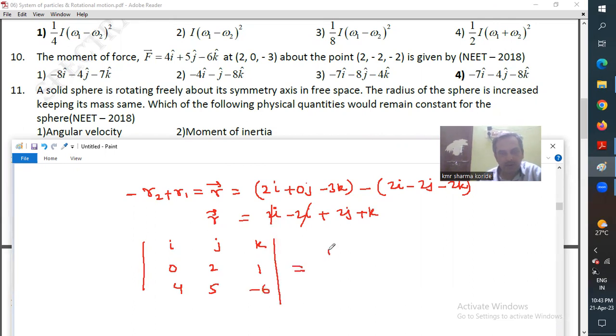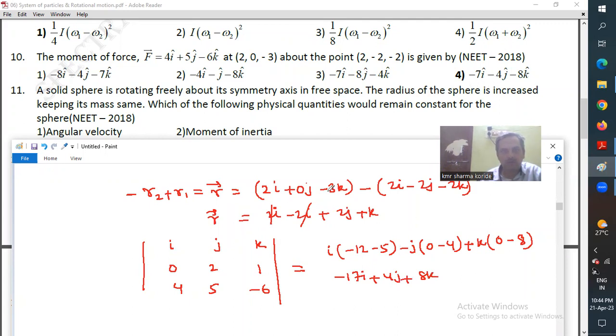So this is going to be i of minus 12 minus 5, minus j of 0 but minus 4, plus k of 0 but minus 8. So this is minus 17 i cap, plus 4j cap, plus 8k cap.